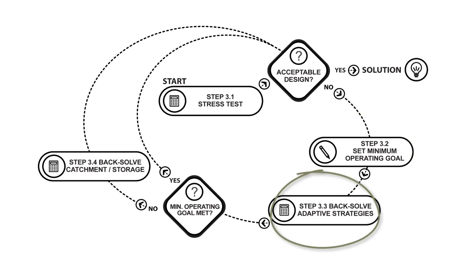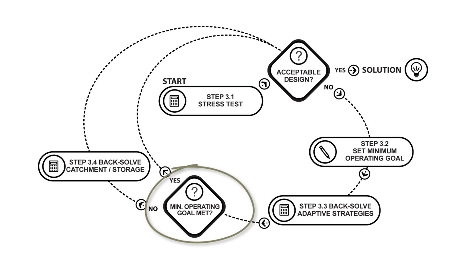At this point, they could start iterating or back solving for how much they either need to reduce their demands by or supplement, but they skip this step because really at this point they're trying to adjust their design to meet their minimum operating goal.